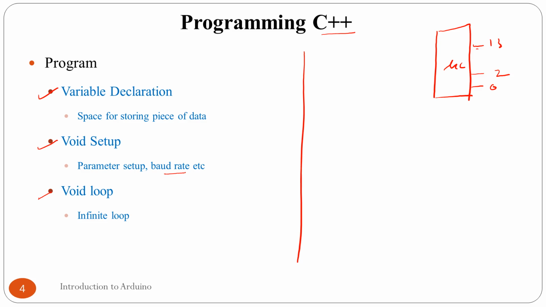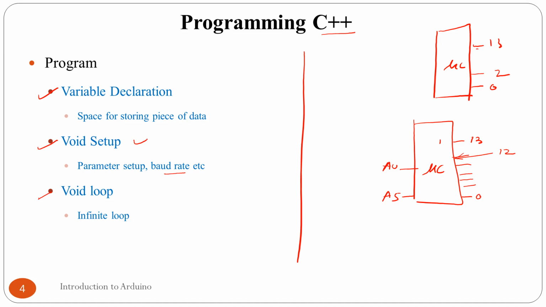So for example, this is your Arduino board, okay, and here we have analog pins, for example A0 to A5, and here we have pin number 0 to pin number 13, okay. And suppose you want to declare pin number 12 as an input pin, where you want to connect one sensor, then that particular pin you have to declare as an input in the void setup, okay.